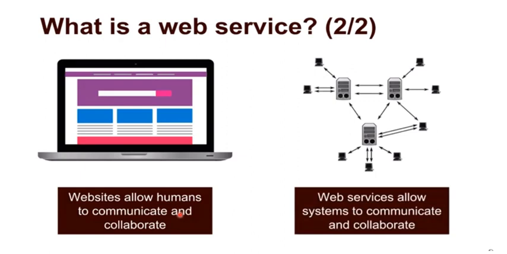The same thing we discussed in our previous slide. The user interface of a website is designed for humans, but web services allow systems to communicate and collaborate. Basically, web services provide the mechanism by which heterogeneous systems or applications communicate with each other.